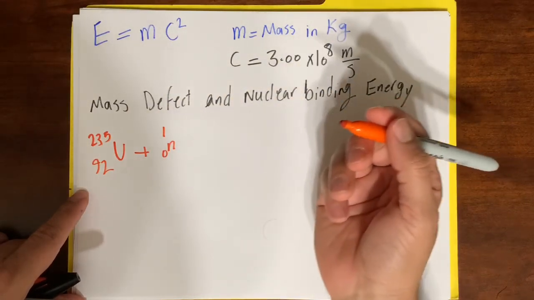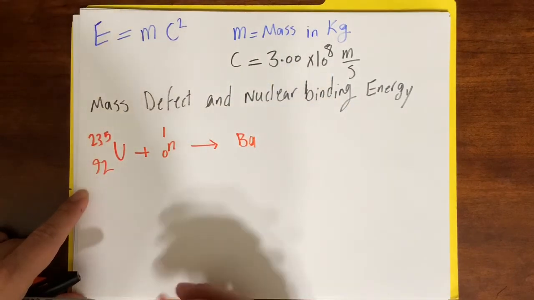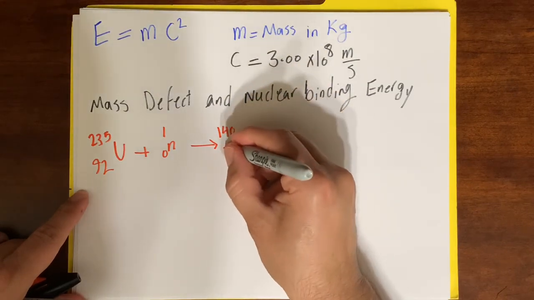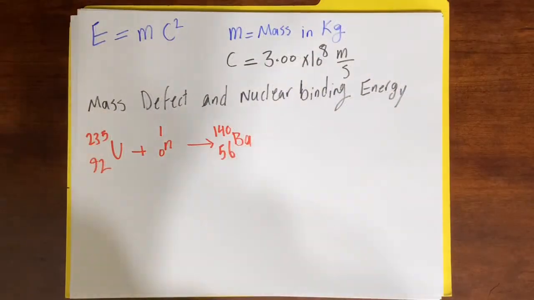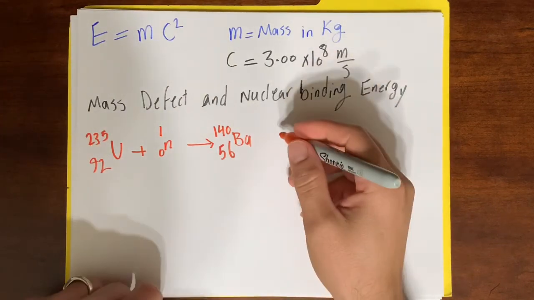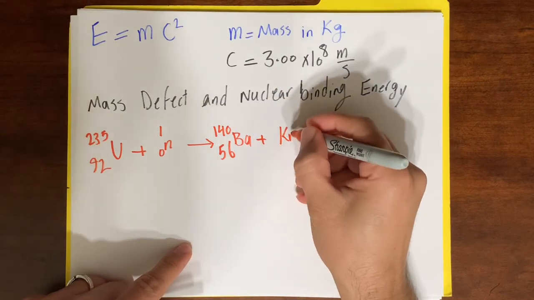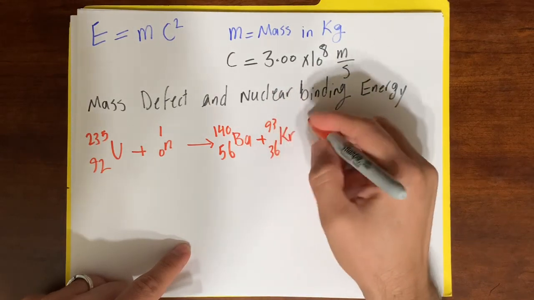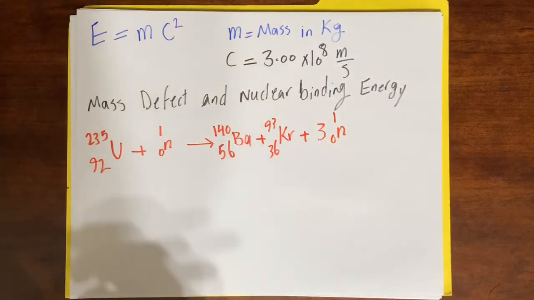See what we get: barium-140, plus krypton-93, 36, plus 3 neutrons.